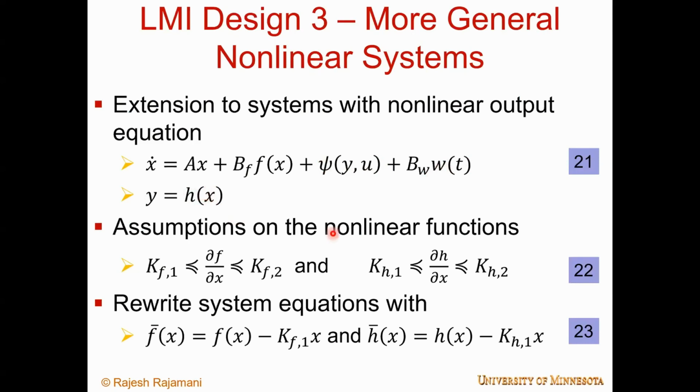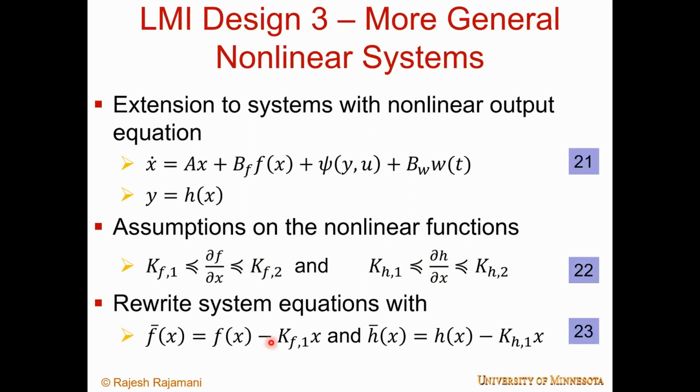So we make assumptions on the two nonlinear functions, f of x, which is the nonlinearity in the process dynamics, and h of x, which is the nonlinearity in the output equation. So the Jacobian dou f by dou x has lower and upper bounds, and dou h by dou x has lower and upper bounds. These are again element by element inequalities here in equation 22.